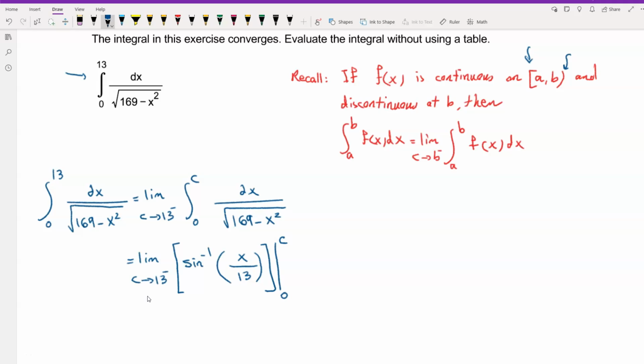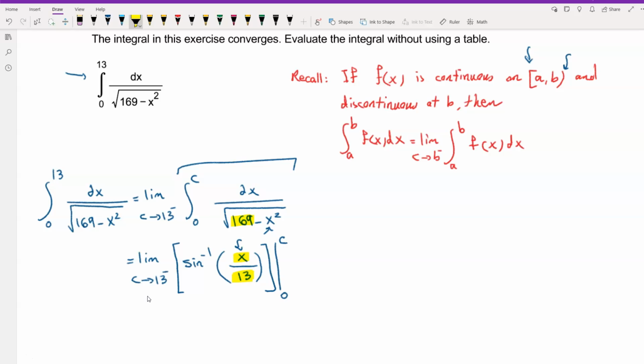Integrating this part, we have inverse sine of x over 13. So here we have x squared, and on top we have the square root of x squared, and that is x. In the denominator, we have the square root of 169, and that is 13. So we have x over 13, and this is from 0 to c.